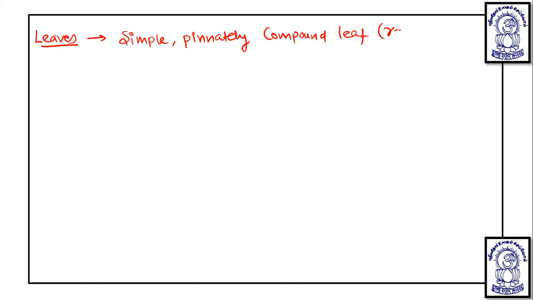Now after this, let's talk about some of the characteristics of leaves. The leaves are generally simple, but occasionally compound leaves are seen, though they are rarely found. Stipule is absent, so exstipulate leaves are there.